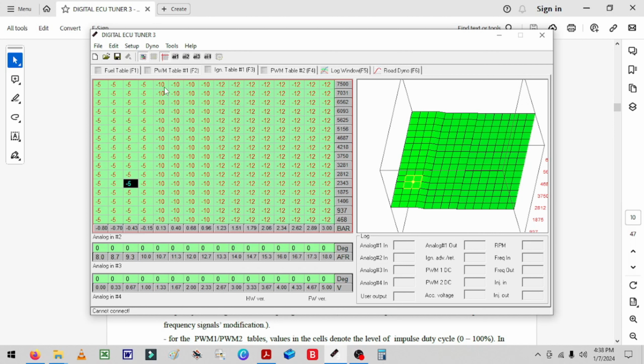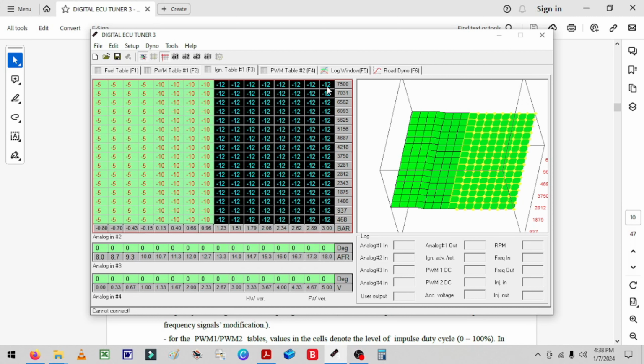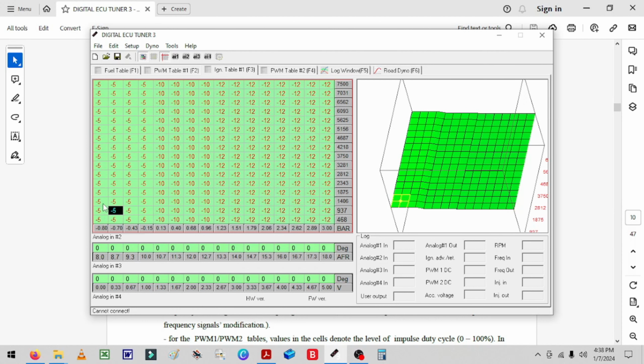So I'm back to zero from here to here. And then here forward, I've added 2 degrees additional timing to be taken out. So that's really 0.2. So right here is really 5, 0, and 2. Okay, so I'm advanced 5 degrees. I'm not advanced at all here, and I've pulled 2 degrees of timing here.